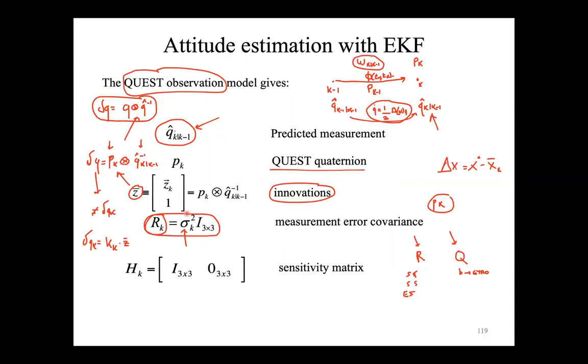So this sigma here is associated to the instantaneous measurement of the attitude. So it could be star trackers, but it can also be some sensors, for example.